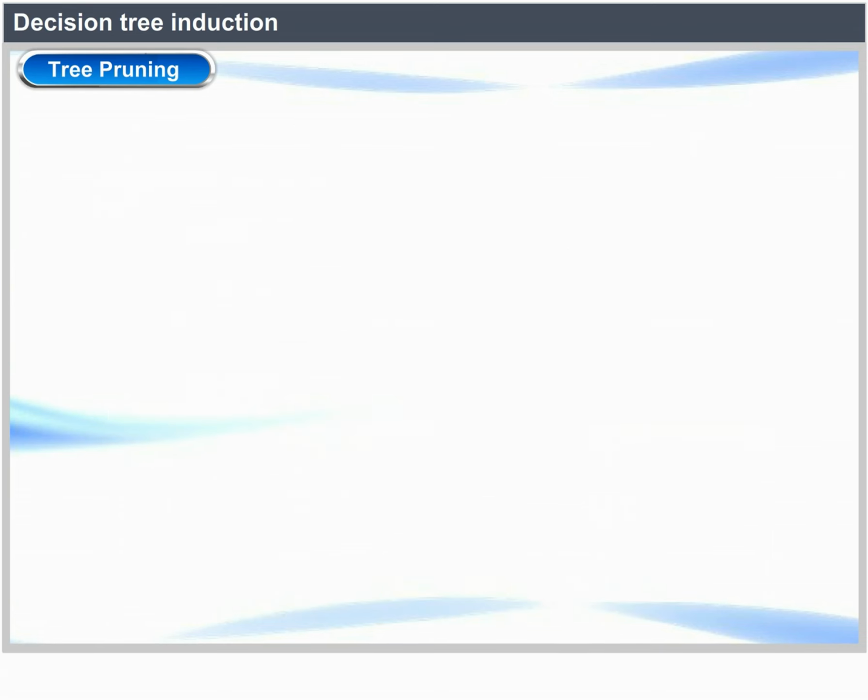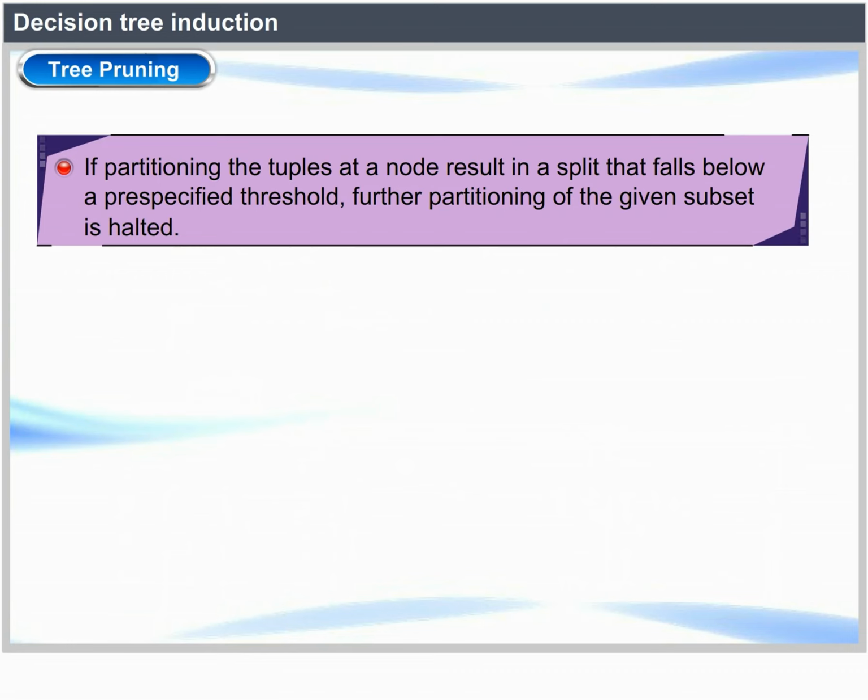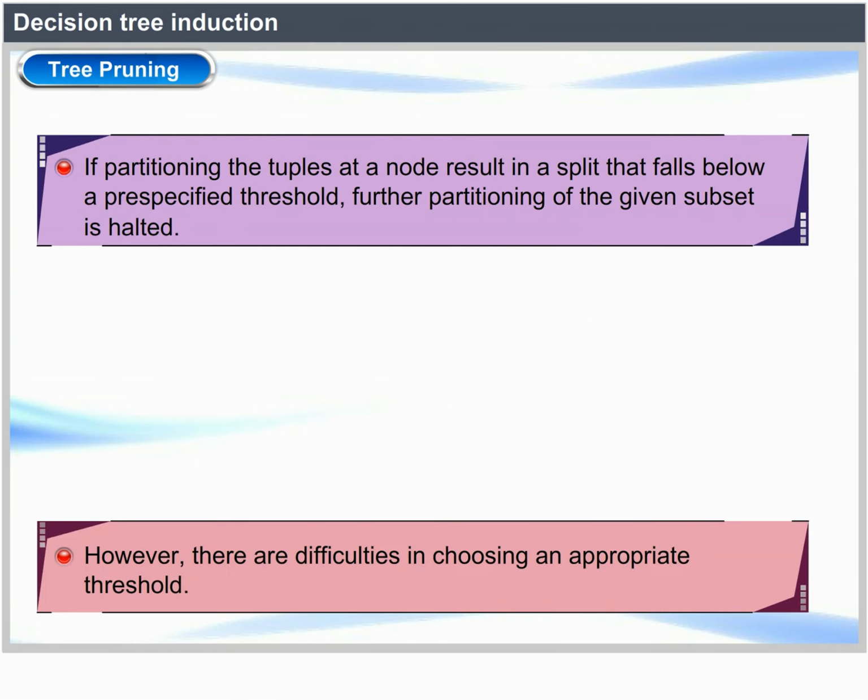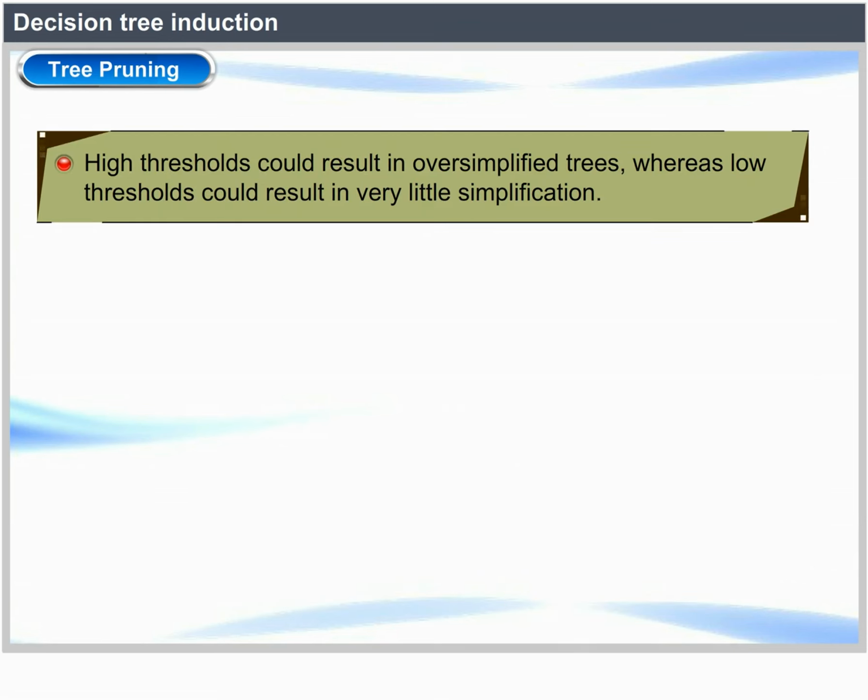If partitioning the tuples at a node would result in a split that falls below a pre-specified threshold, then further partitioning of the subset is halted. There are difficulties, however, in choosing an appropriate threshold. High thresholds could result in oversimplified trees, whereas low thresholds could result in very little simplification.